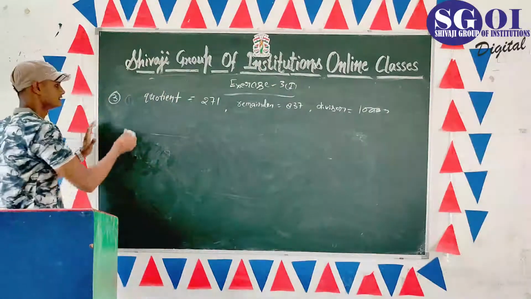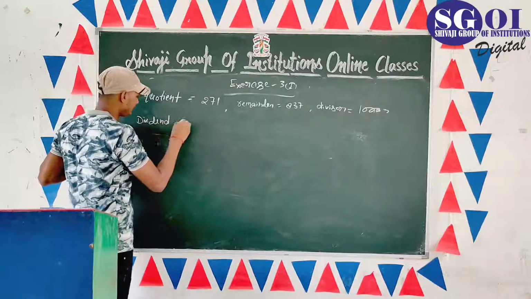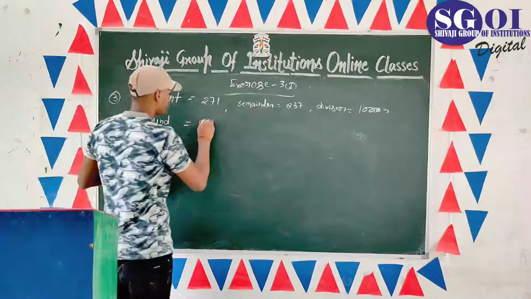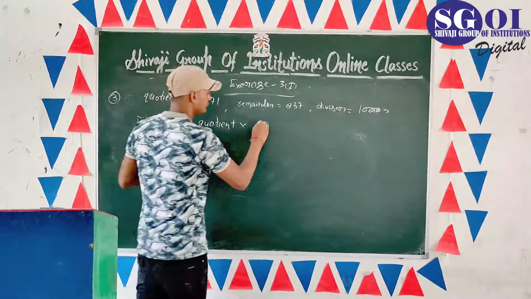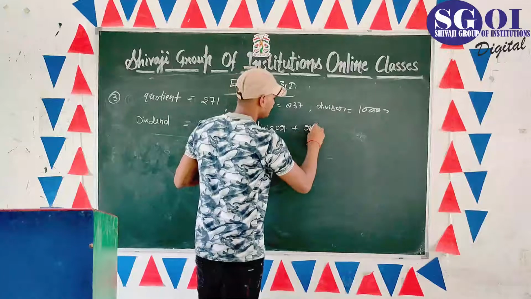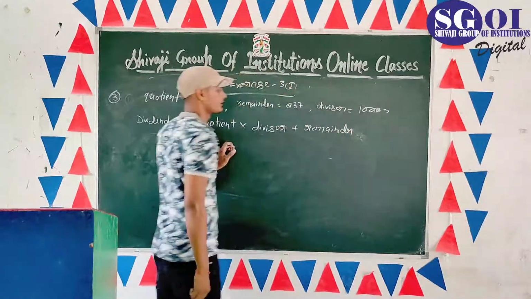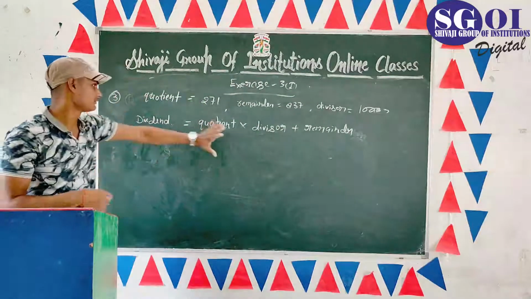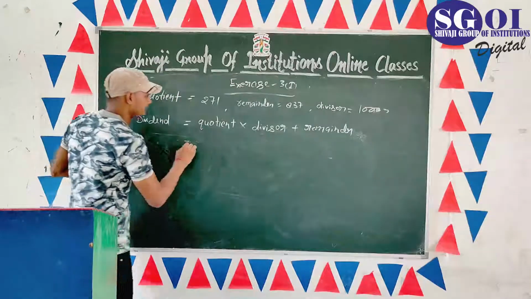We have the formula: dividend is equal to quotient into divisor plus remainder. Put the values.